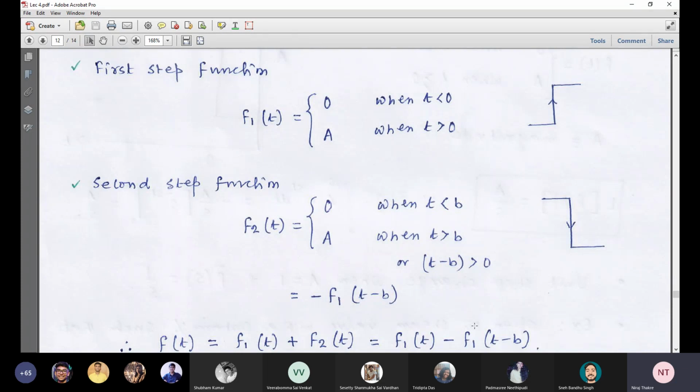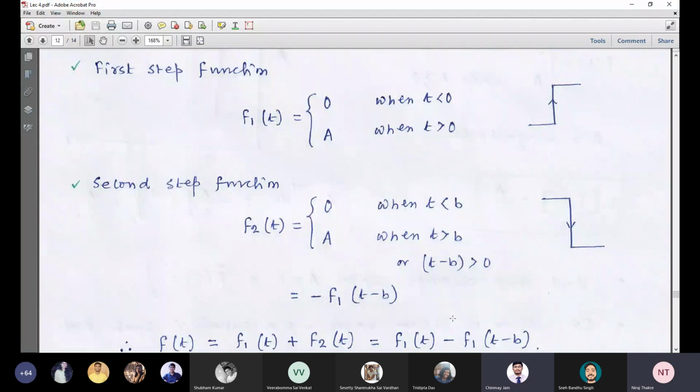You got the answer? Yes, sir. It is A by S into 1 minus e with the power of minus bs. You tell what is the transfer function of this? So Laplace of f1 is A by S, this one f1(t), and this is e to the power minus bs by S. A is not there? A is also there, sir.